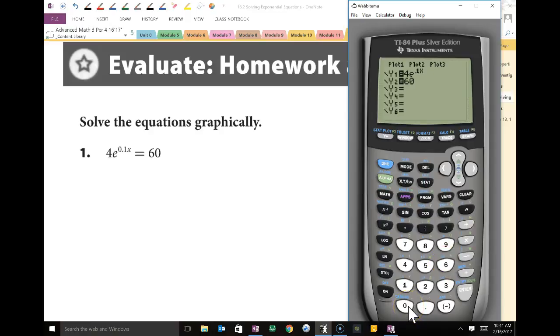Then you hope for the best if you hit graph. I'm not going to hit graph. I'm actually going to hit zoom 0 and zoom into my stuff, just because I know better. When you're working with a line at 60, it's probably not going to take you there.